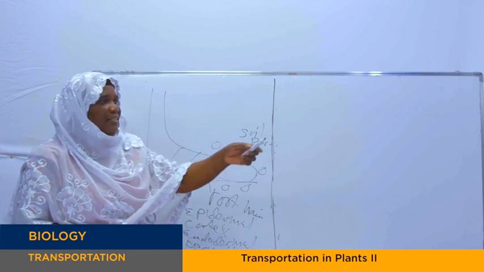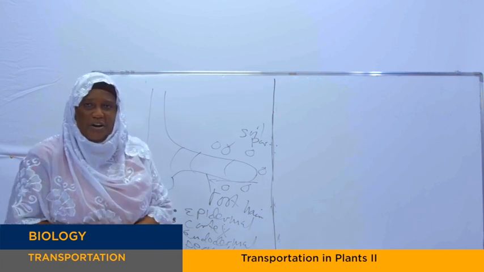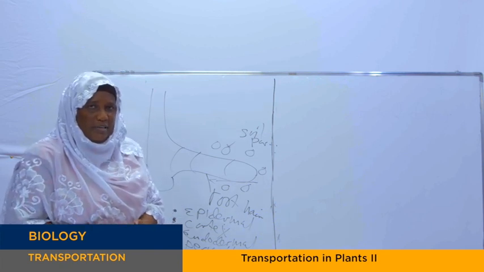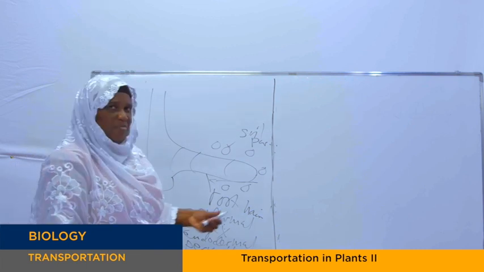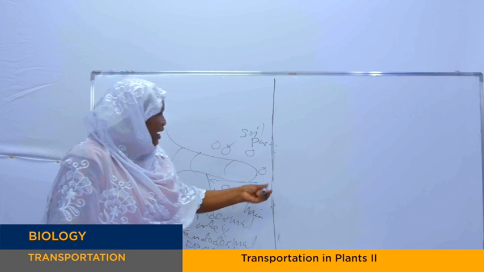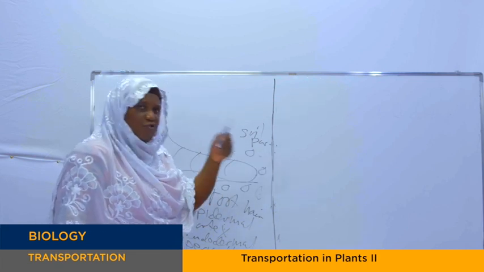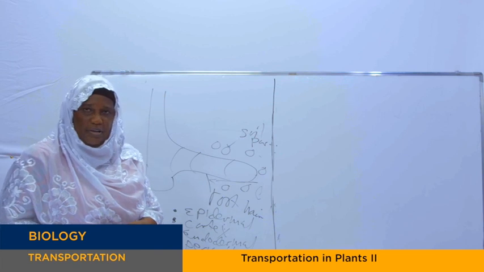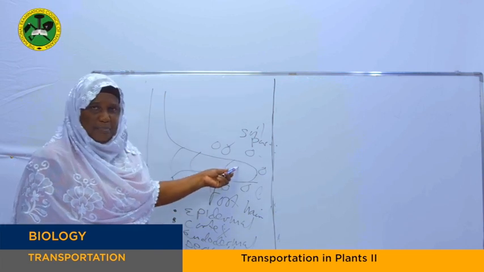So the question says, describe the paths of movement of water and the mineral salts. Last time we saw that water comes from the soil. It comes from the soil here, water. That water should be absorbed by root hairs.